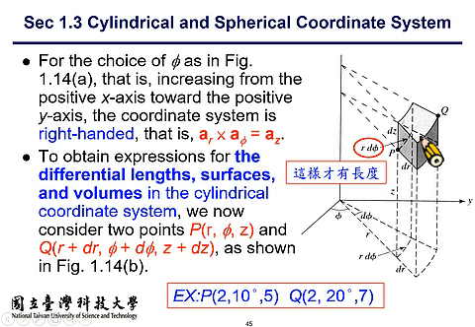It's not a cube as we find in the Cartesian coordinate system. Nevertheless, if the differences, say dr, d phi, dz, are very small, they shall approximate, 什么是 approximate? 趋近, they shall approximate a cubic volume, as you can see from the plot. So if it's really small, then it's pretty much like a small cube.